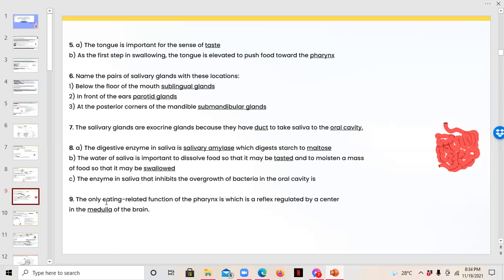Letter C. The enzyme in saliva that inhibits the overgrowth of bacteria in the oral cavity. Number 9. The only eating-related function of the pharynx is swallowing, which is a reflex regulated by a center in the medulla of the brain.